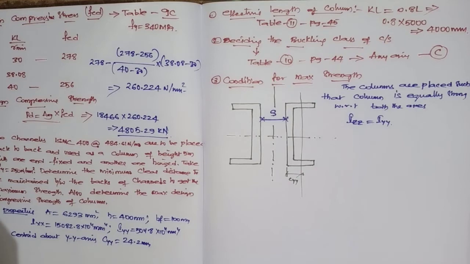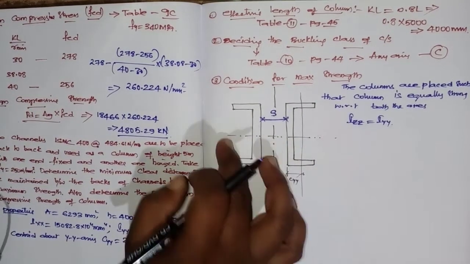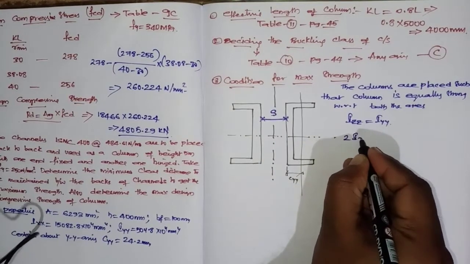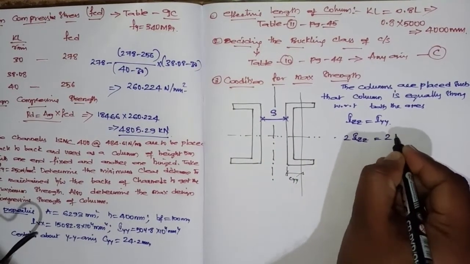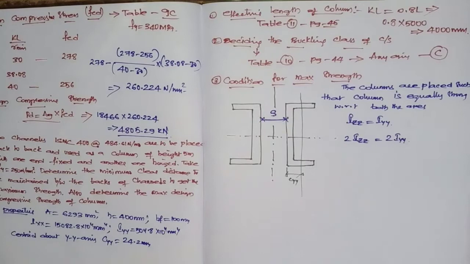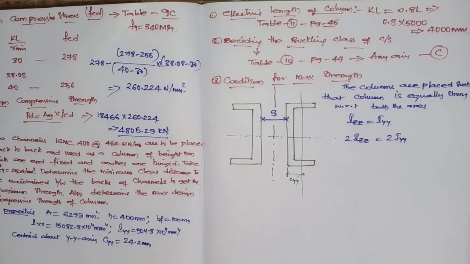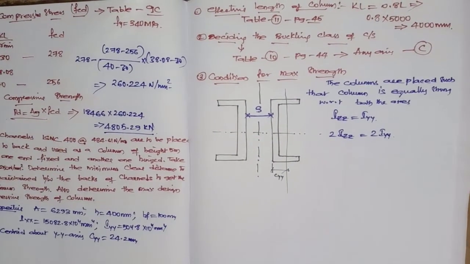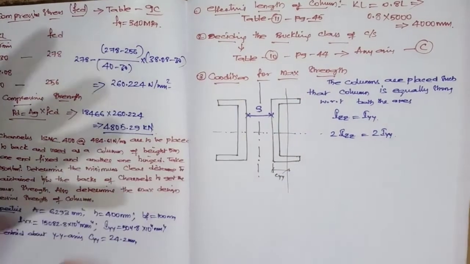Now, how many channel sections are there? So 2 times IZZ equals 2 times IYY. Now what is the moment of inertia about the x-axis?